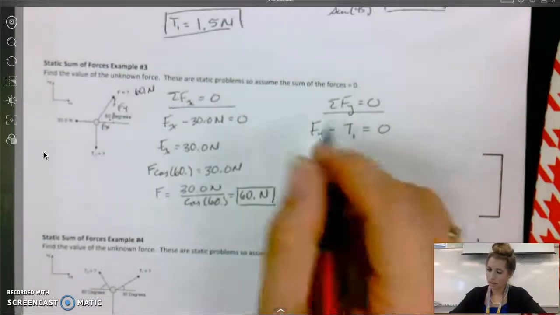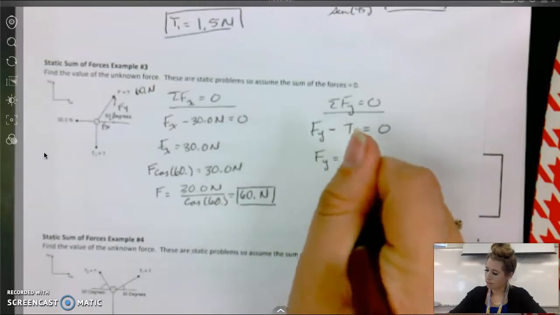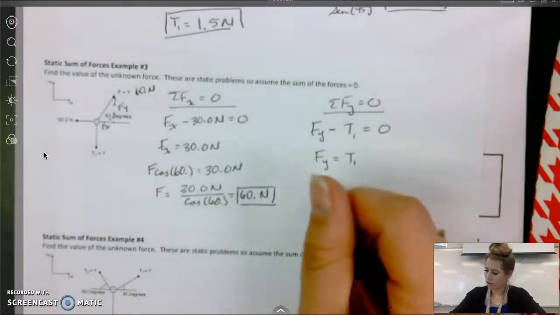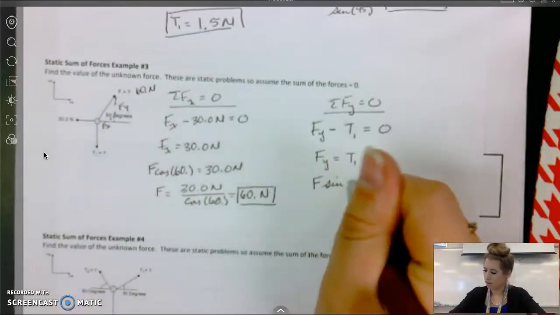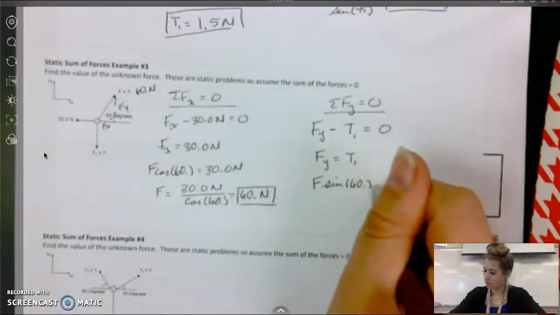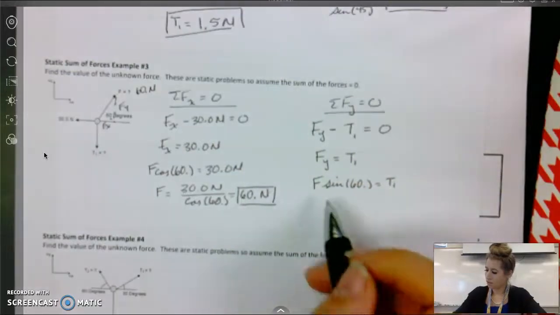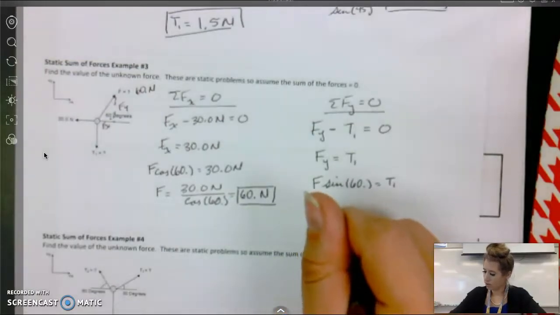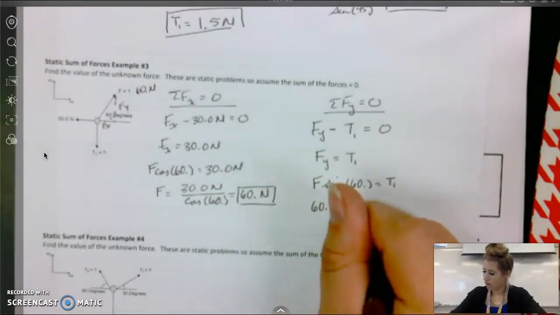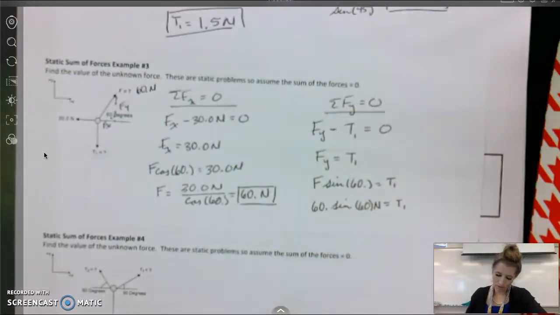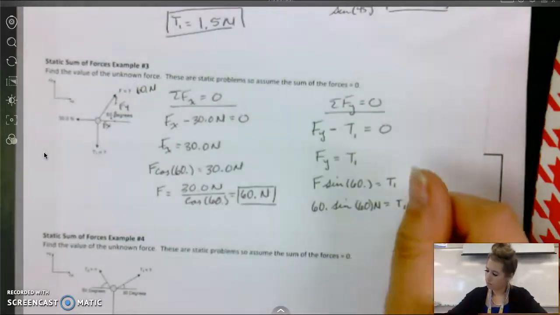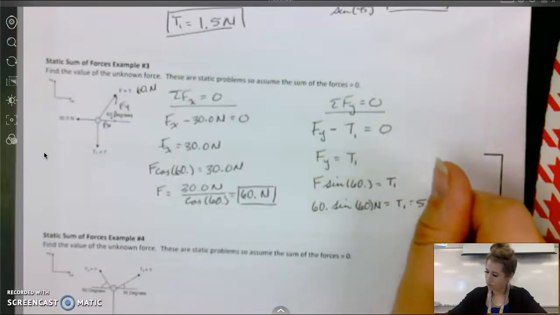So we can add that to the other side, so F sub y is equal to T1, and we know that F sub y is F, and then its opposite, so sine of 60. That's going to equal T1, and F was 60 newtons, so 60 sine 60 is going to equal T1. 60 times the sine of 60 is equal to 52 newtons.